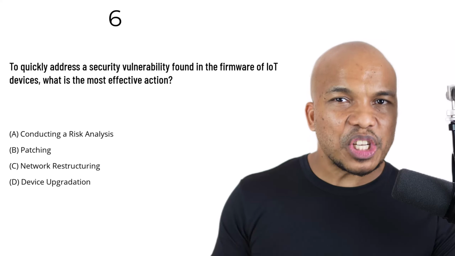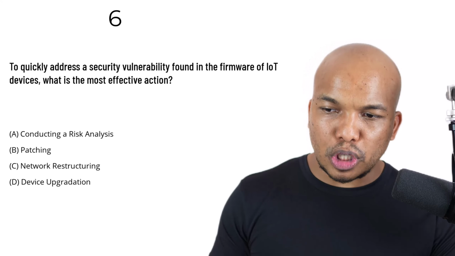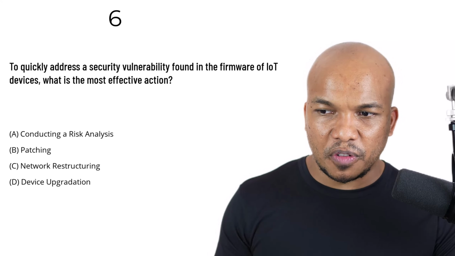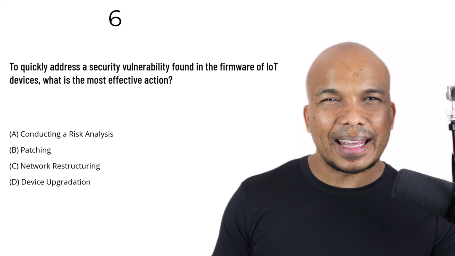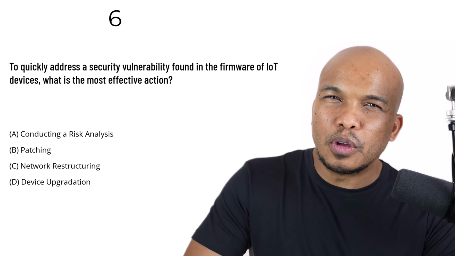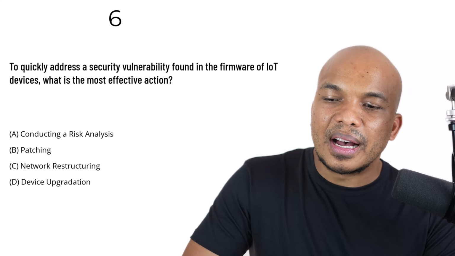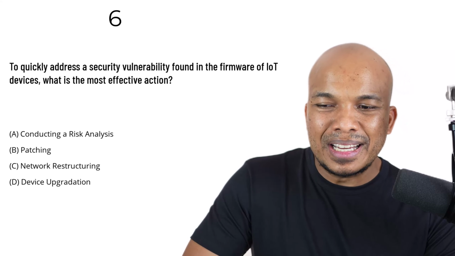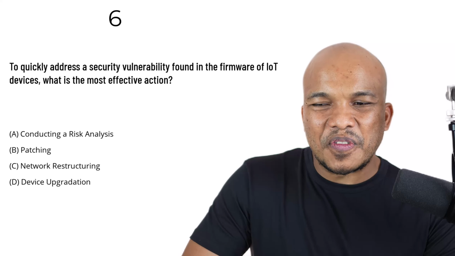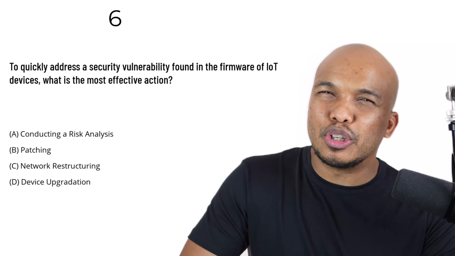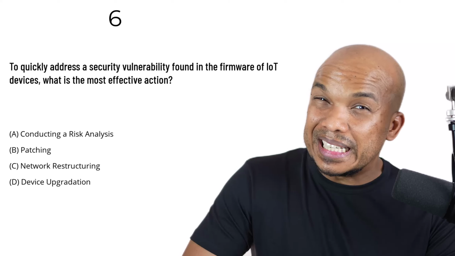All right. Patching, possibly. Network restructuring, it is an effective way of addressing a security vulnerability, but yet again, it's not necessarily a very quick thing that you can do. Device upgradation. If you're upgrading a device, it doesn't necessarily mean that you're addressing a security vulnerability.